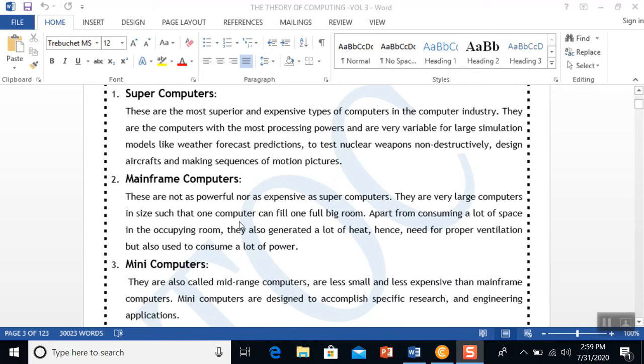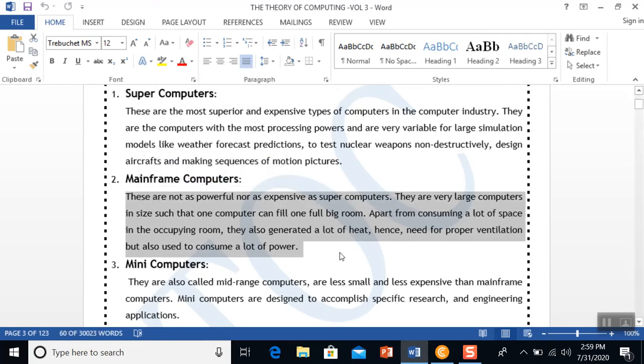These were only used for multi-user facilities, where a lot of people could log into one computer and use the same big computer. You will understand multi-user when we come to that topic. But all you need to know for now is that mainframe computers are the biggest, such that one big computer can fit into one big room.